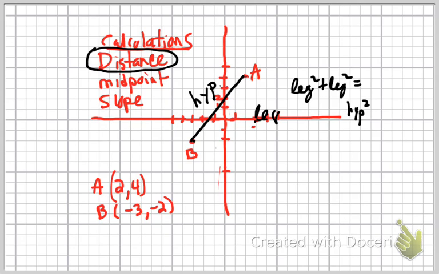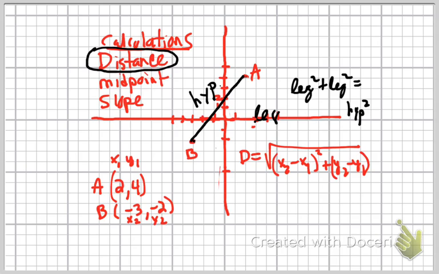So let's go ahead and label this point x1, y1, and this point here x2, y2. And let's start practicing plugging into the distance formula. So distance is the big square root of (x2 minus x1) squared plus (y2 minus y1) squared.